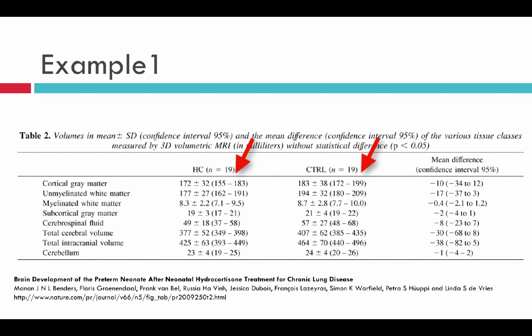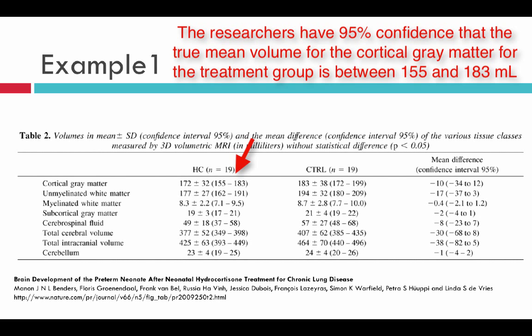In the treatment group, we see we have a range of 155 to 183, and this is in a volume, and we are told this is a 95% confidence interval. A correct interpretation of this interval would be the researchers have 95% confidence that the true mean volume for the cortical gray matter for the treatment group is between 155 and 183 milliliters.